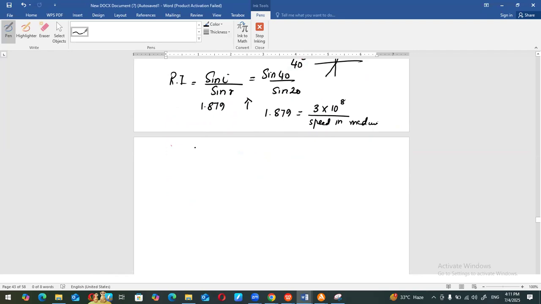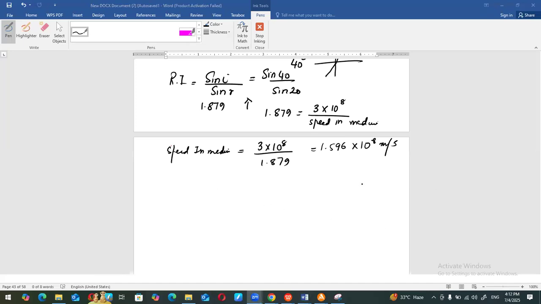So the speed in medium will be 3 into 10 raised to the power 8 divided by 1.879. So what is it? 3 divided by 1.879 comes as 1.596 into 10 raised to the power 8 meters per second, right? So that is how you can use the refractive index formula for both conditions.